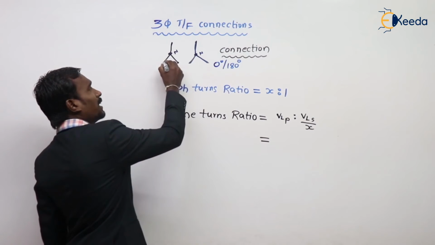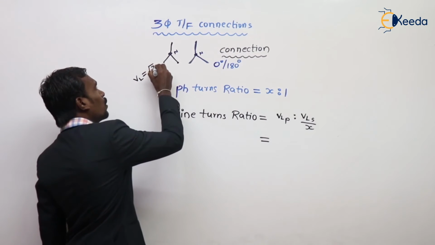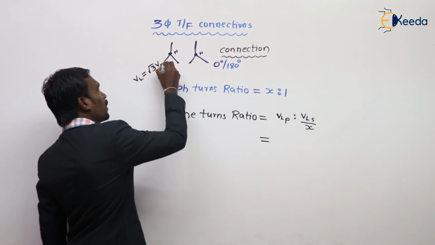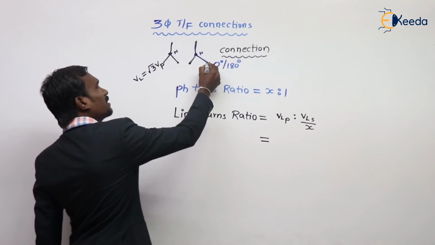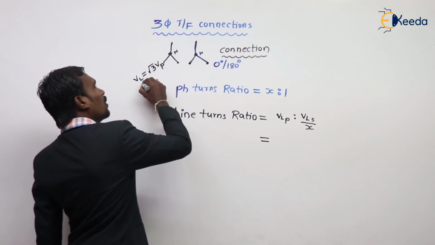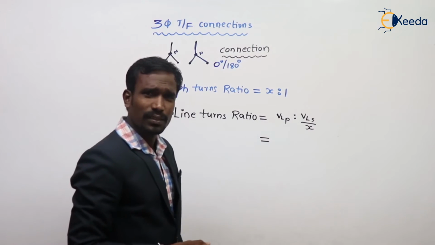We know that in star, line voltage is equal to root 3 times the phase voltage. And this is also star. Here also line voltage is root 3 times the phase voltage.